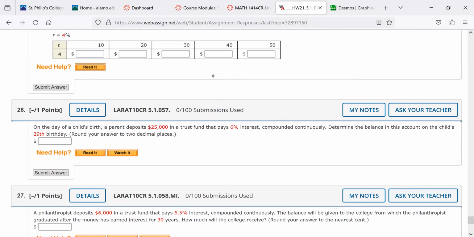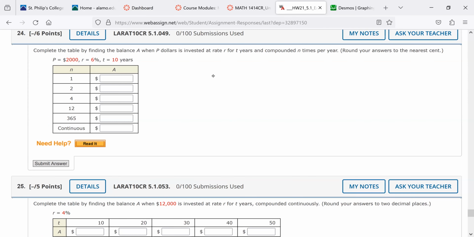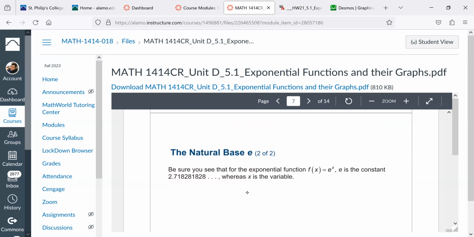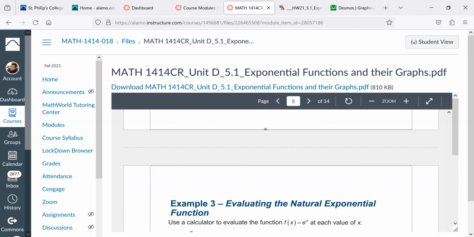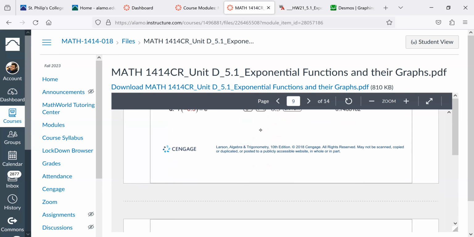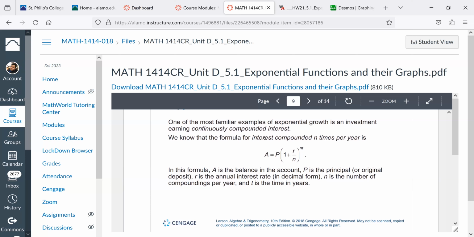It's talking about interest. Let's find the interest formulas. Here is the interest for compounding n times per year.